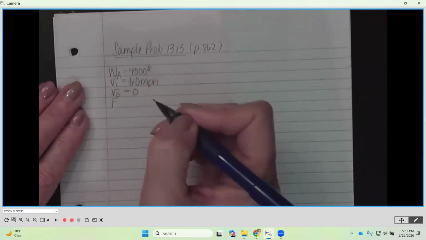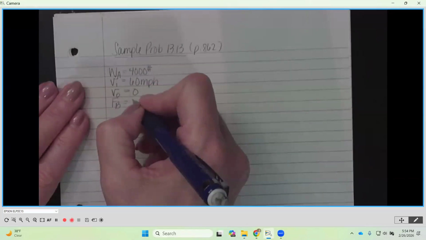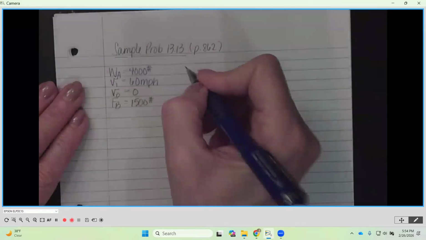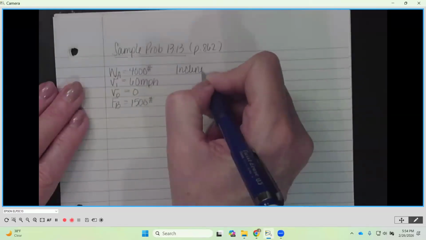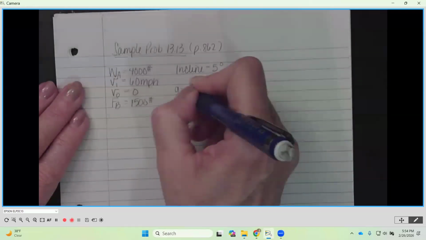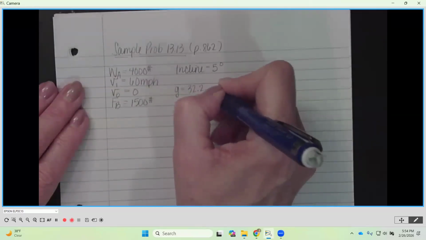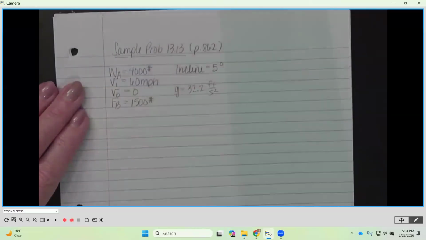They also let us know that as we're coming to a stop, the braking force that our car is going to see is going to be 1,500 pounds. Additionally, they told us that the incline is 5 degrees. Since this is an English problem, our gravity is going to be 32.2 feet per second squared, just as a reference, and we'll pop it in when we need it.